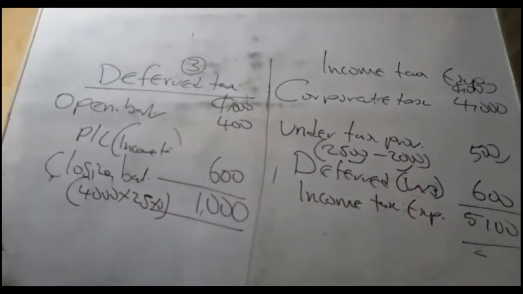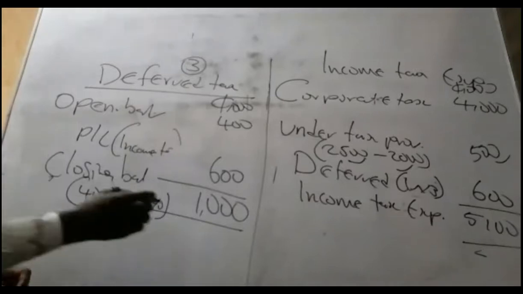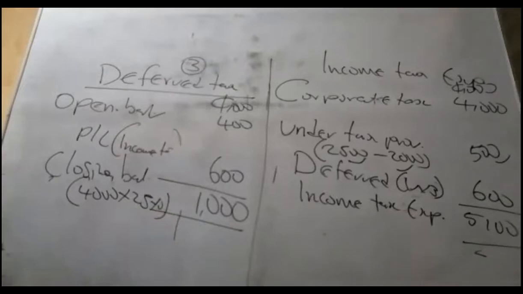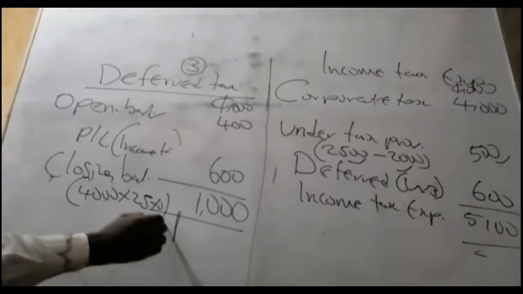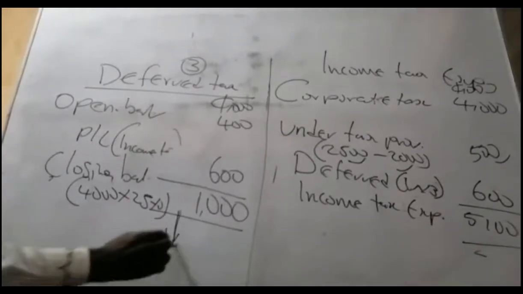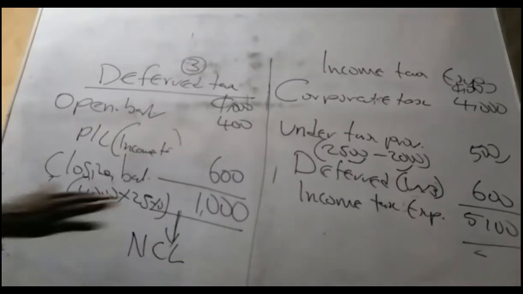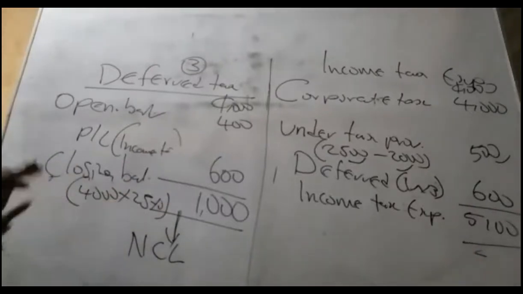Income tax what? Expense. Great. Then we said that the closing balance of the deferred tax is either a non-current asset or non-current liability. So here will it be asset or liability? So this one goes to what? Non-current liability because it's what? Taxable. Agreed. Good. So among your non-current liability, you call this one the deferred tax, 1,000 series.